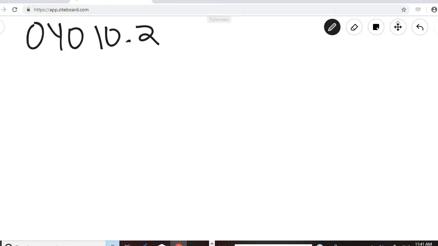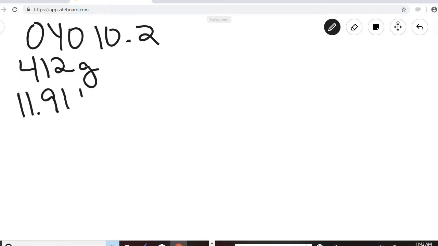10.2 tells us that a physicist hangs a 412-gram object, and we're told the spring constant is 11.91 newtons over meters.